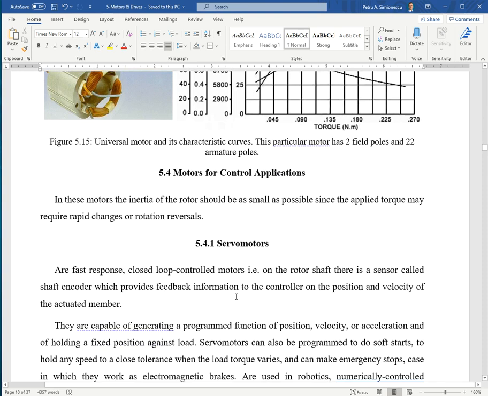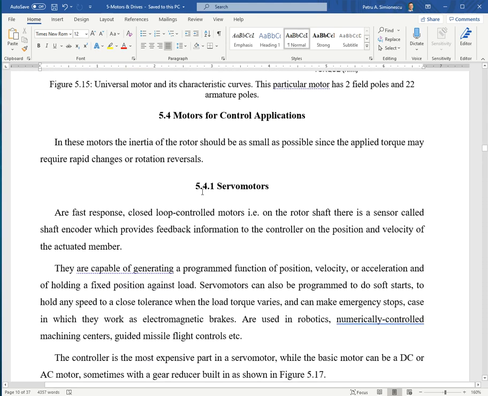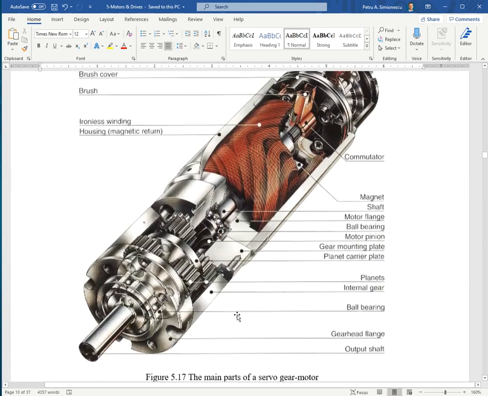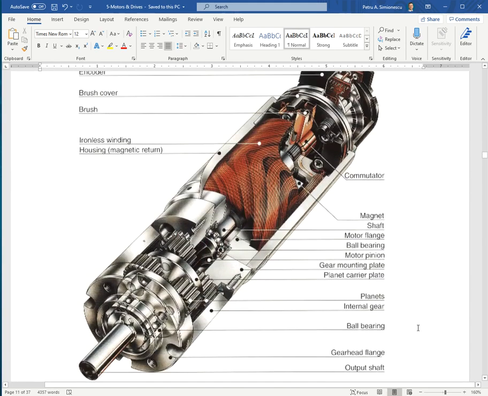For control applications, you see servo motors. What type of control applications? For example, numerically controlled milling machines. If you go to the machine shop, I'm not talking about the machining center, I'm talking about the Boxford mill.